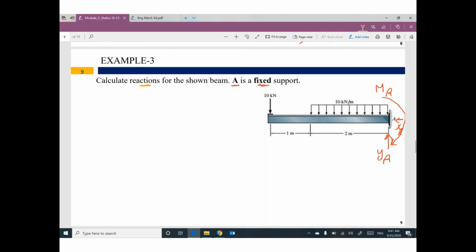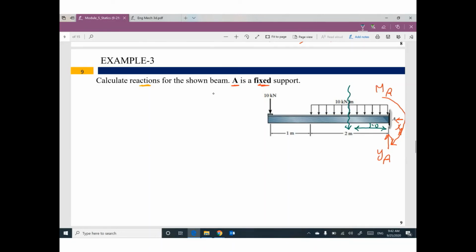Before starting to apply your equilibrium equations, we have something we need to adjust. We have a distributed load. This distributed load we need to make equivalent. How much is this distance? 1 meter.